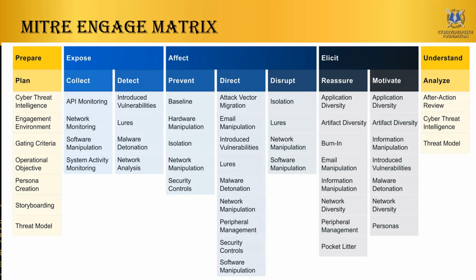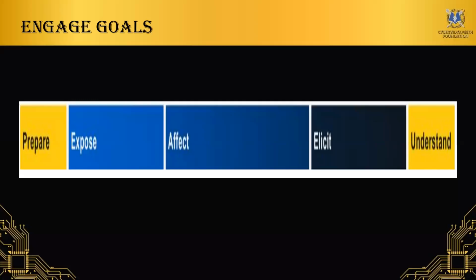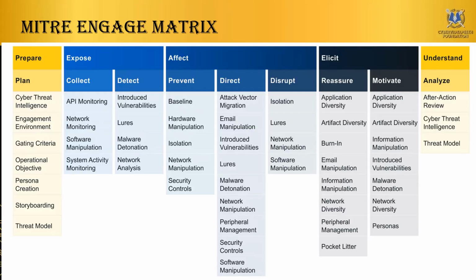And the last one is elicit. That is where the adversary is fully trapped in your organization and doesn't know anything else. They have to meet their final objective. And when they meet the final objective: application diversity, artifact diversity, burn-in, information manipulations, network diversity, peripheral management, pocket leaders, all these things create a scene for the attacker that everything is as per my choice.